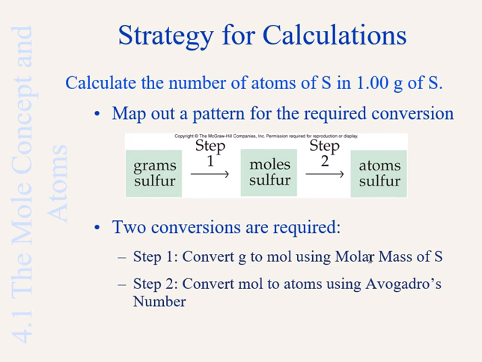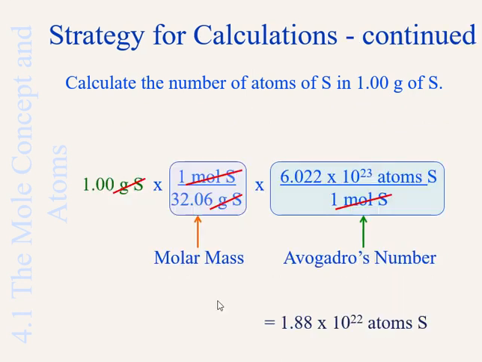We cannot skip any step. So what's the conversion factor we use between grams and moles? We use the molar mass conversion factor. And what's the conversion factor we use between moles and atoms? We use the Avogadro's number conversion factor. And here is that setup: the molar mass conversion factor and the Avogadro's number conversion factor.